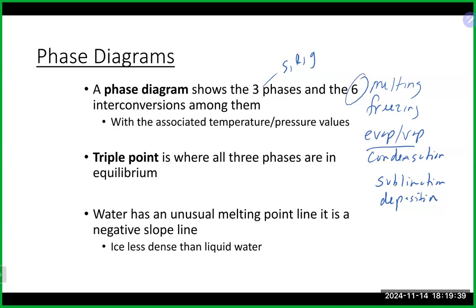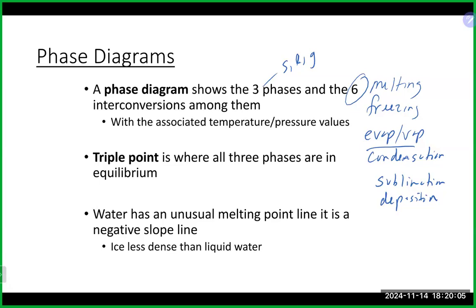So these phase diagrams have temperature, pressure values associated with all these things. When you look at a phase diagram, there's a particular point which is sometimes referred to as the triple point. And the triple point is basically the pressure temperature combination that you need for that substance to have all three phases happening at the same time.